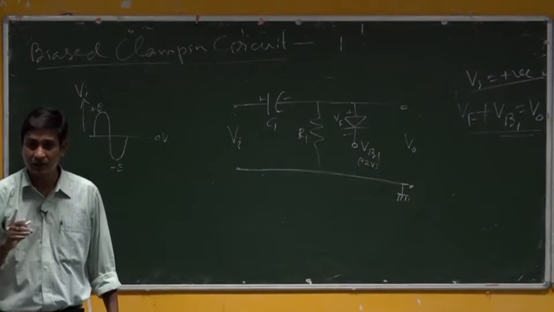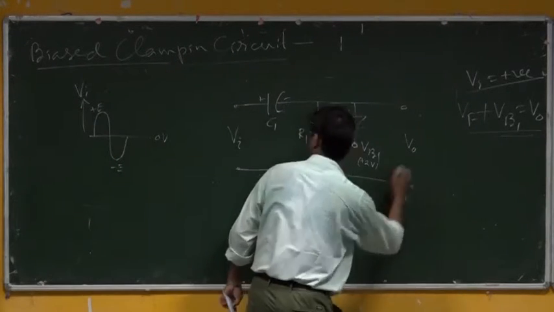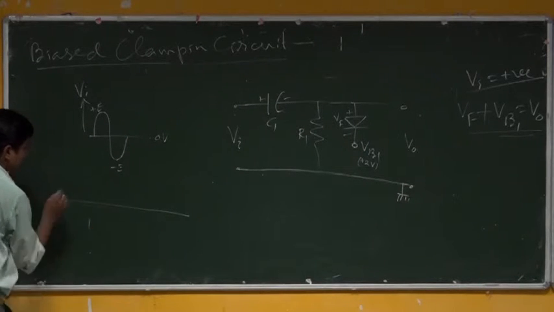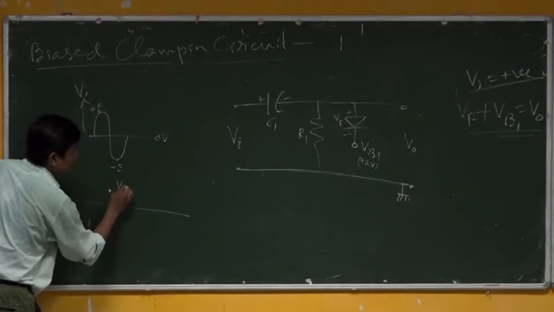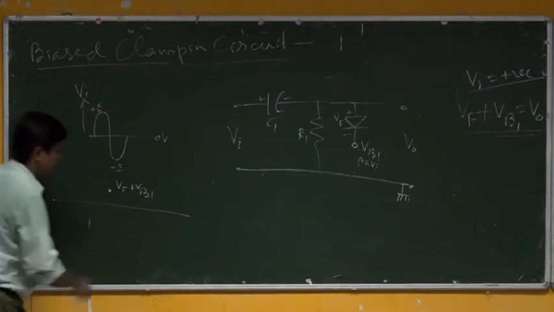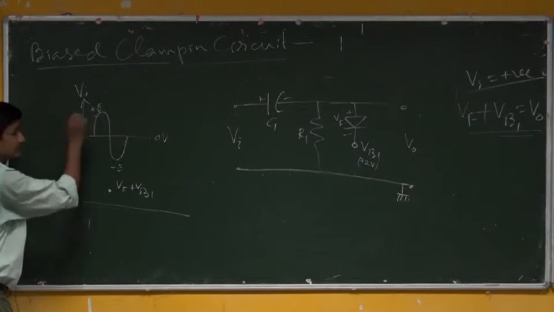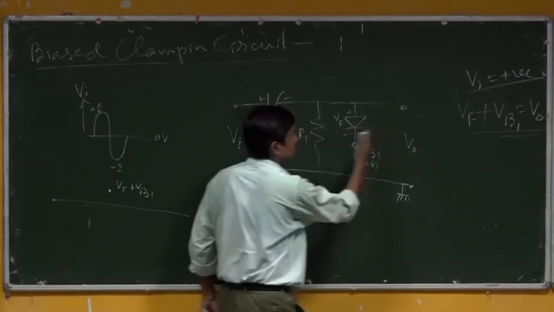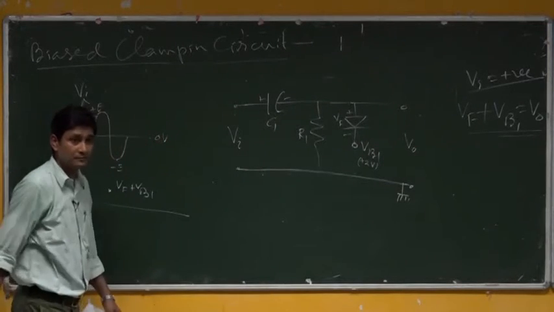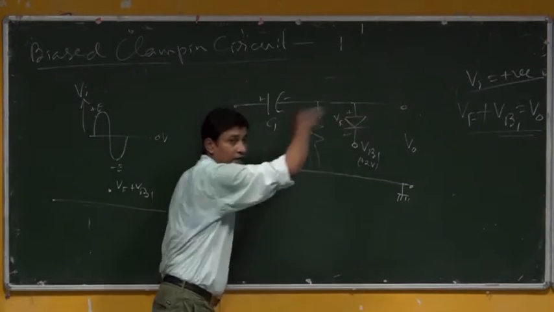What is about the potential which is below that? So, if I want to draw the output, I am saying maximum value is Vf plus Vb1 at peak, means here. Now, if it is less than this, if this potential is less than this potential, then what will be this output here?